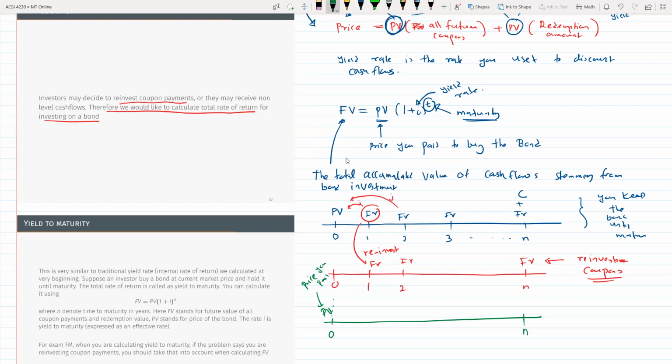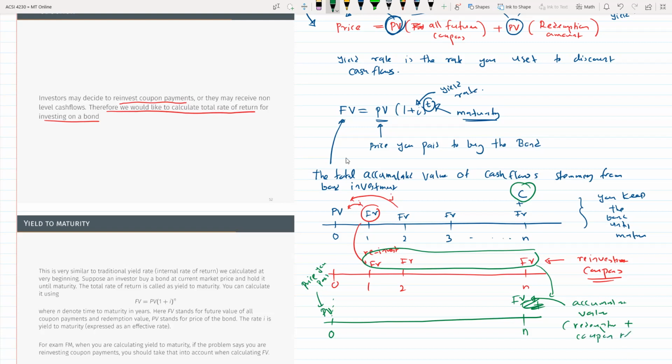Then at n, you have the redemption amount, plus the accumulation of these coupon amounts. So here you have the future value, which is the redemption amount C plus the coupon reinvestment. Then you write future value equals present value times (1+i) to the n, and solve for i. This becomes your effective yield rate.